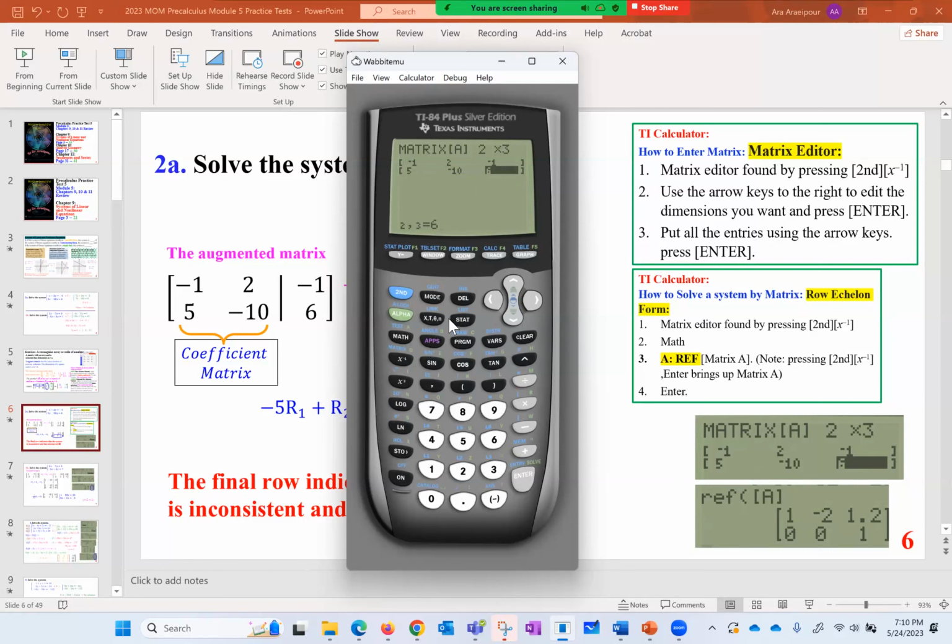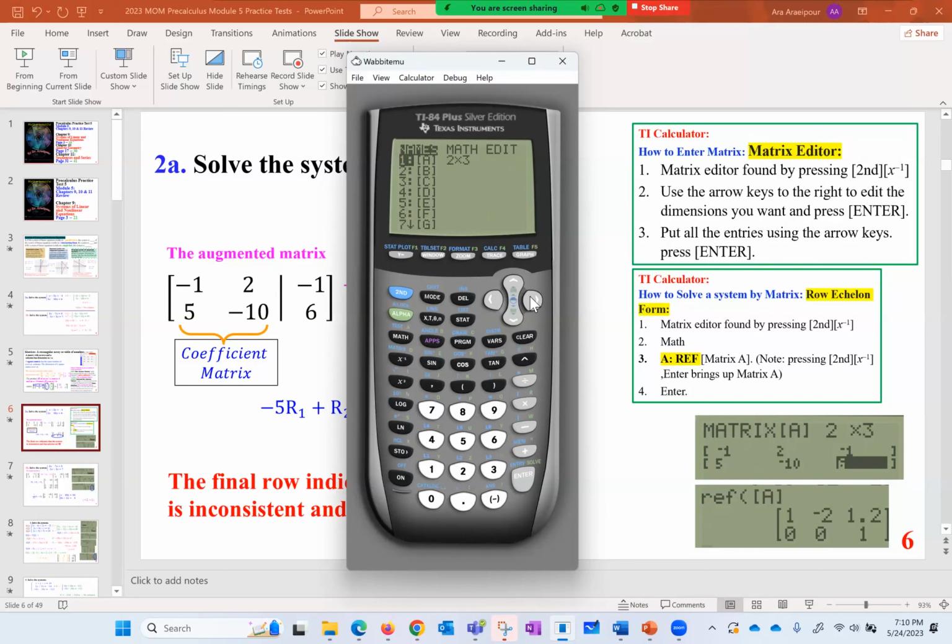Now, how to solve a system in row echelon form. We entered the matrix per the instruction here for the TI calculator, so the matrix editor. We're going to do the same thing: second, x to the power of -1, and then matrix is defined by that. Then we go to math, which is the second one up there.